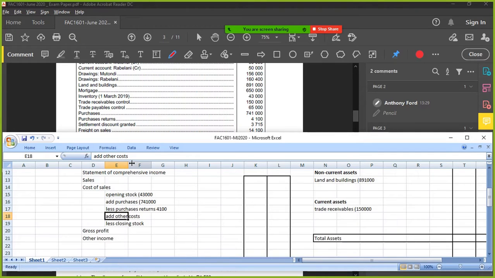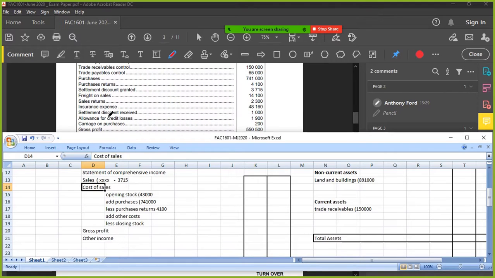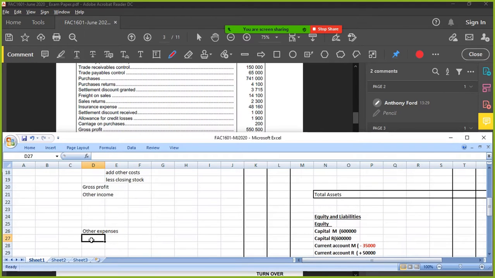Settlement discount granted. Okay, settlement discount granted, we know they're going to take it off sales. Okay, what is the settlement discount granted? 3715. Okay, freight on sales. That's an expense. Carriage on sales. Correct. Okay. This was 14100.